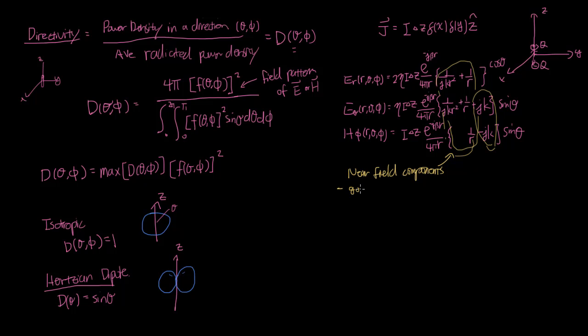They go away as r increases, and usually what ends up happening is that the near field components end up being responsible for the reactive components of the impedance of the antenna.